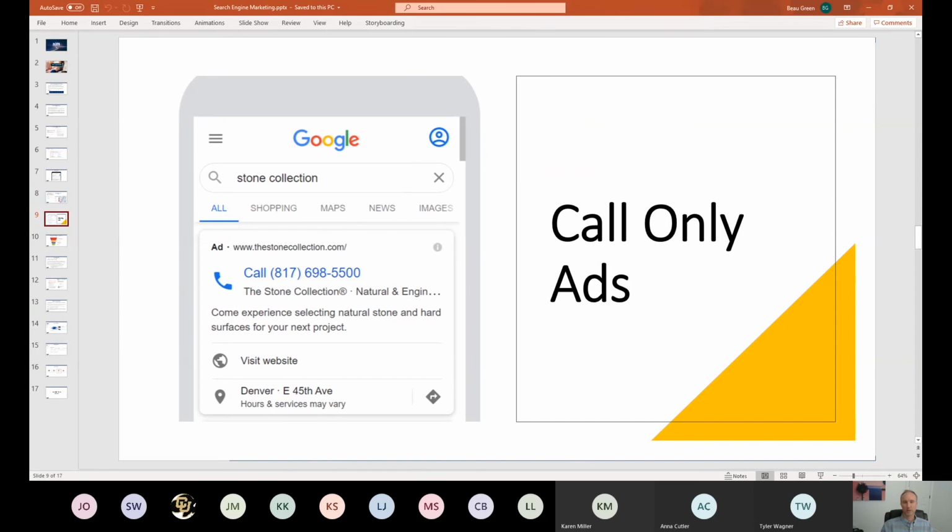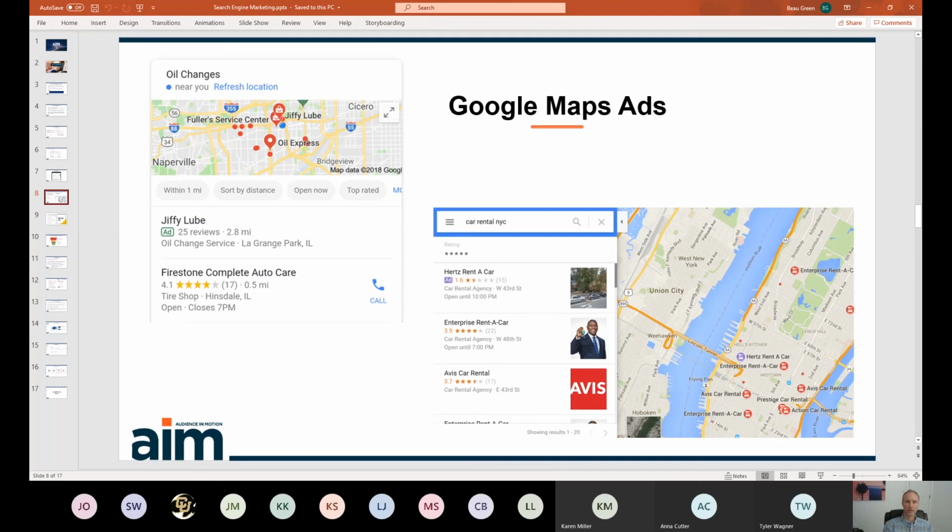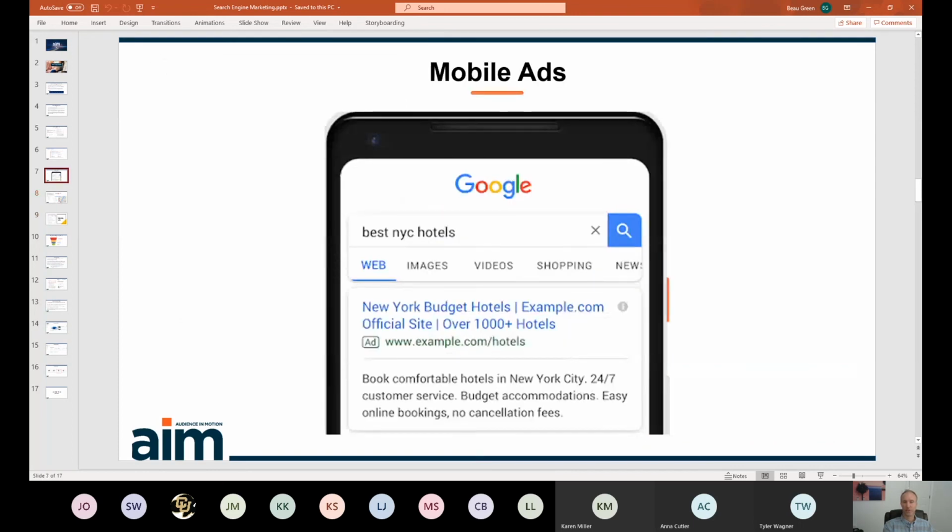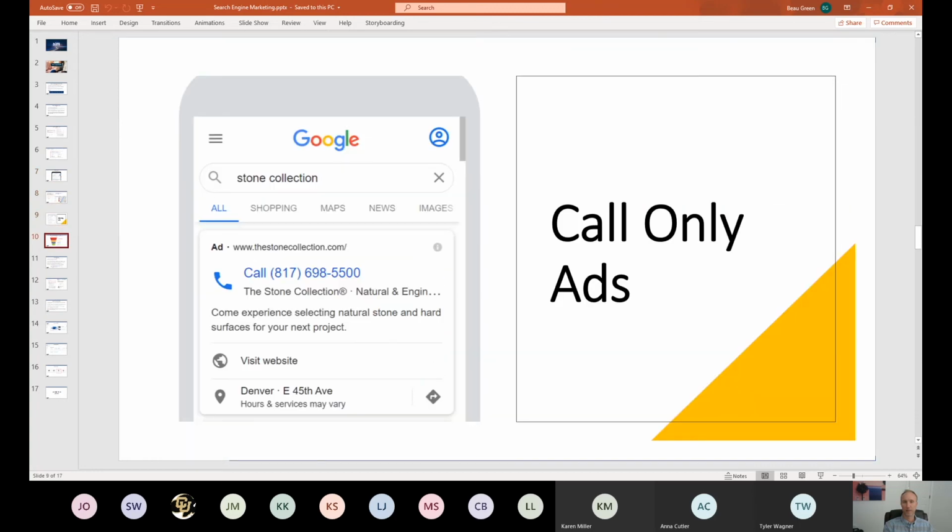A great tool to drive calls, if your client is interested in increasing their call volume, is called call-only ads. Unlike this mobile ad that just shows information or the business name in the headline, this ad actually has the phone number in the headline. So if someone wants to call, they can click on that phone and call the business directly.